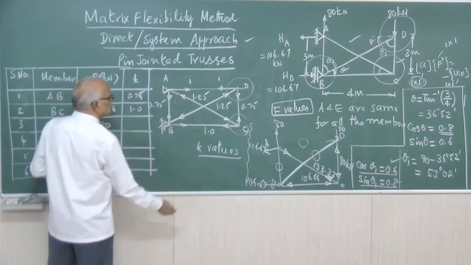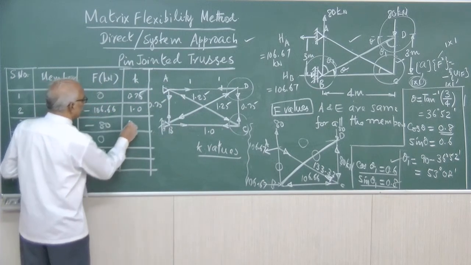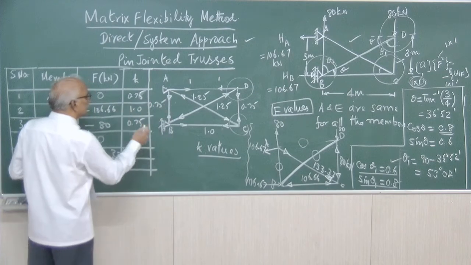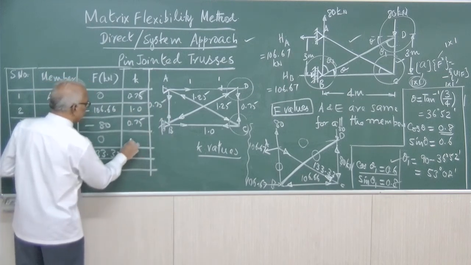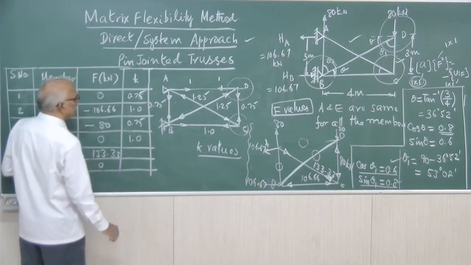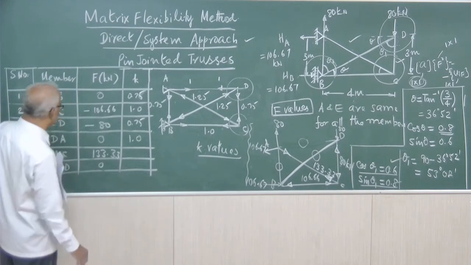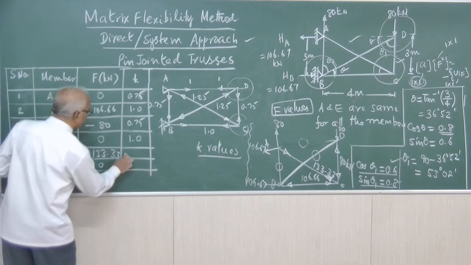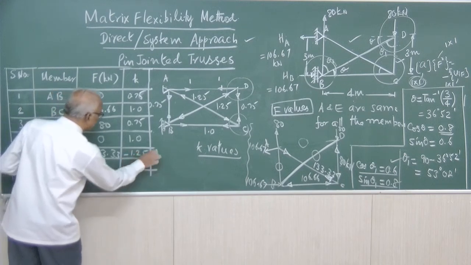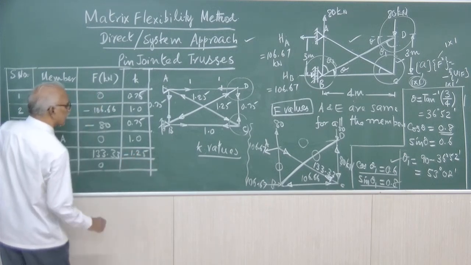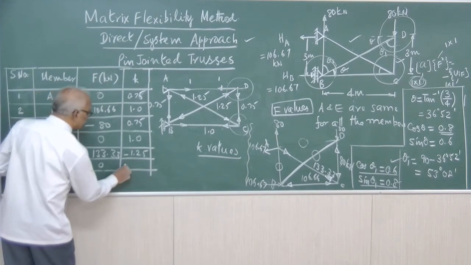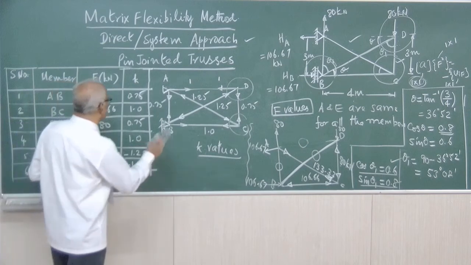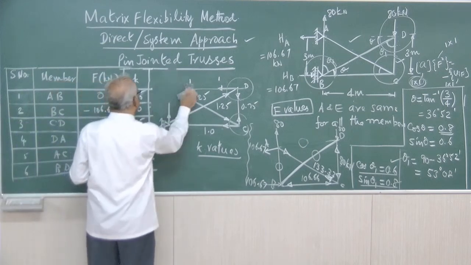For the vertical member CD, it is tension, so 0.75. For the horizontal member DA, it is tension, 1.0. The diagonal member AC is compressive, therefore minus 1.25. The other member BD is also under compression, that is also minus 1.25. So that is the use of these two figures.